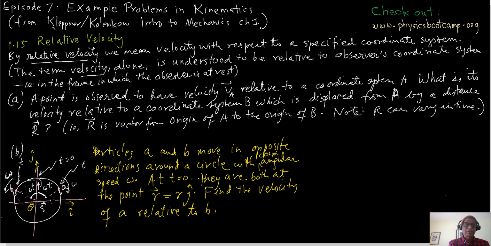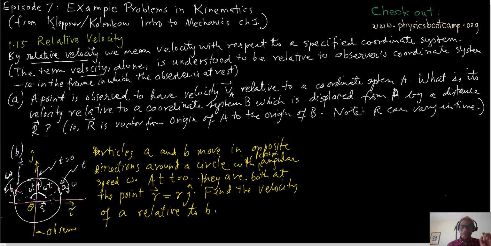So if I were to put a coordinate system here, what will be the velocity of A with respect to the coordinate system of B? Given the velocity of A and the velocity of B with respect to O. When we say the velocity of A, we mean velocity with respect to the observer. So this pink thing is like an observer, and with respect to the observer, that velocity is just regular velocity.